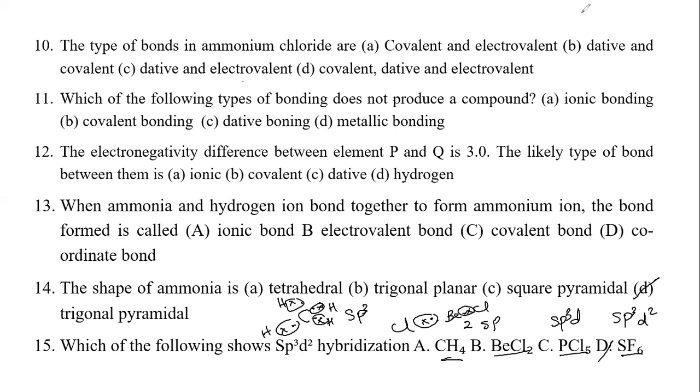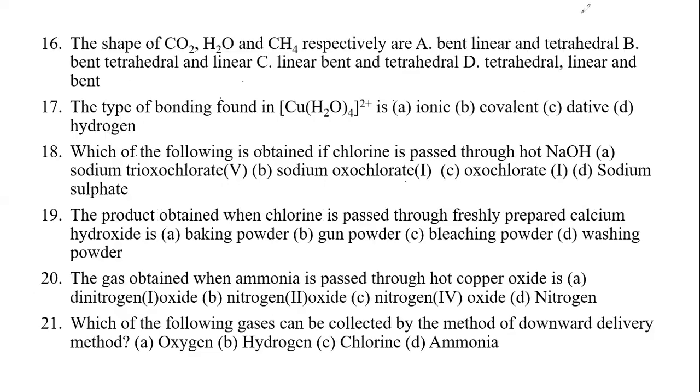I believe that is very simple. The shapes of CO2, H2O, and CH4 respectively are what? Now, know the shape of CO2 is linear. It is sp hybridized and linear.